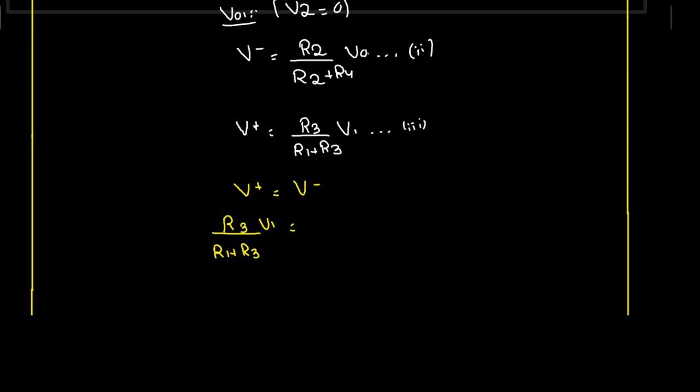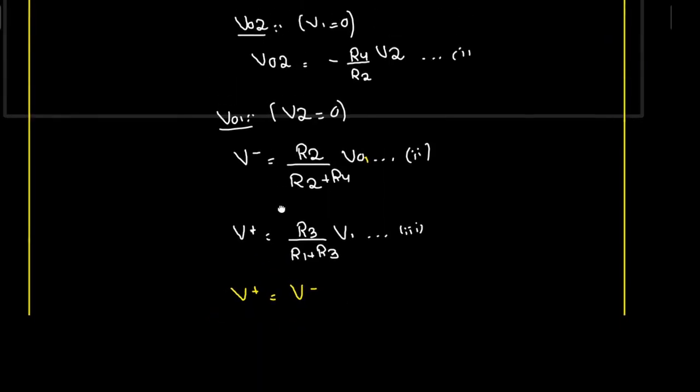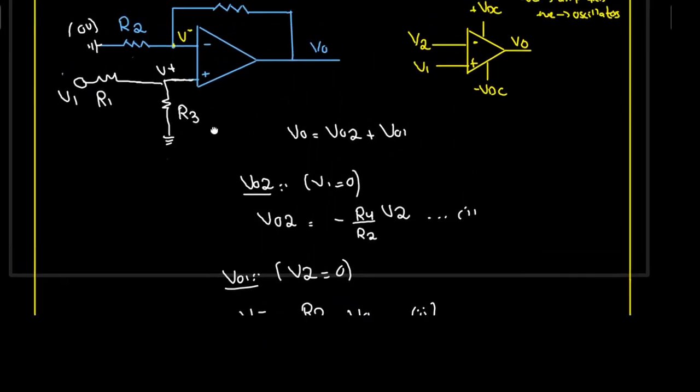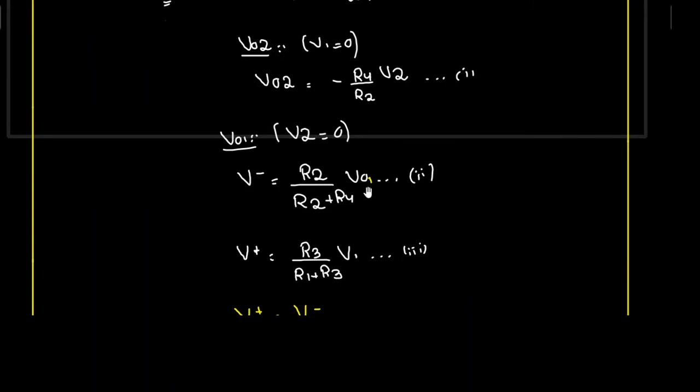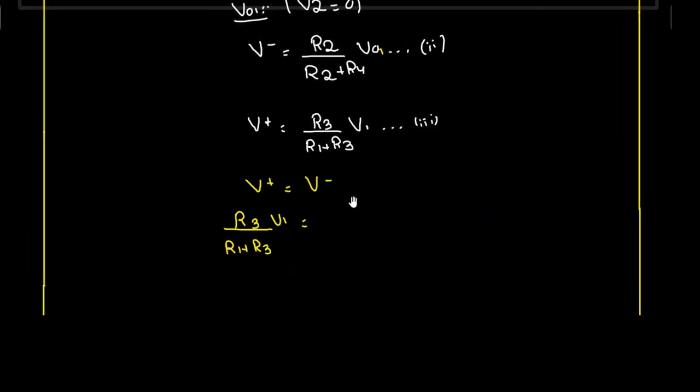Remember, this is my voltage VO1. Why? Because when I have assumed V2 is equal to 0, I get the output voltage VO1. Similarly, when I assume V1 is equal to 0, I have the output voltage VO2.